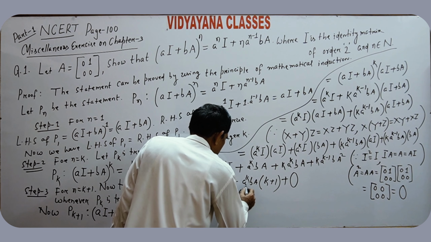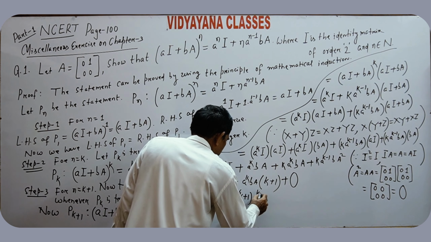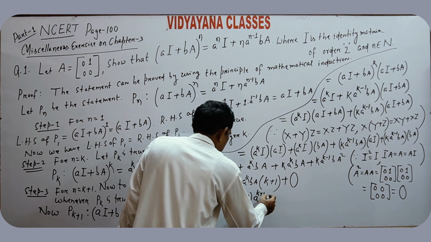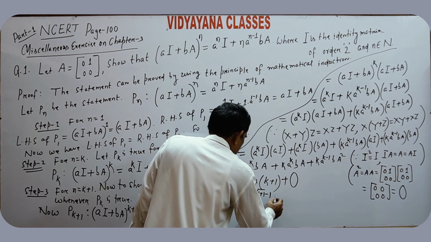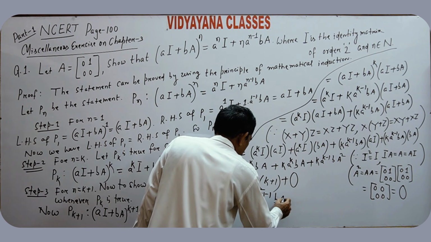A to the k can be written as k plus 1 minus 1 BA.